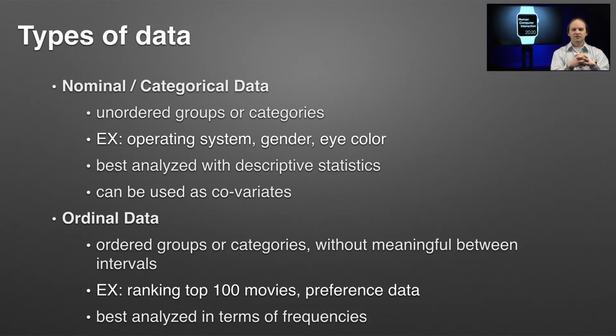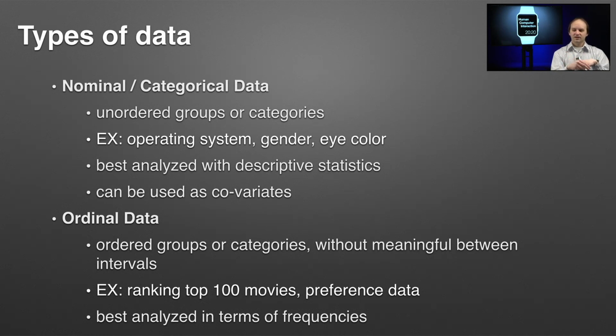So you can start to look at whether Windows users are more likely to have a tough time with this interface in comparison to Mac users. And so it can serve as an independent variable there. We won't go into the details of that, but that's nominal or categorical data.